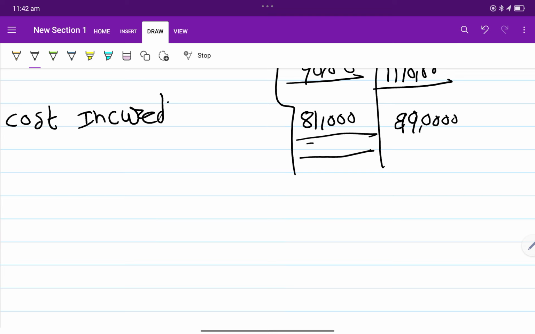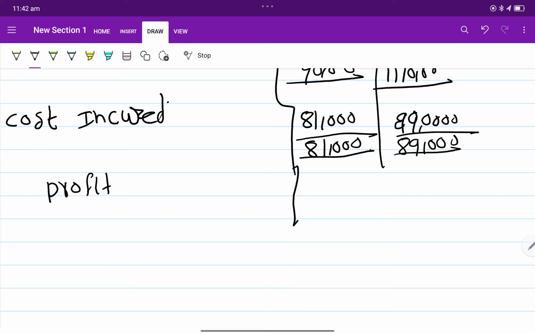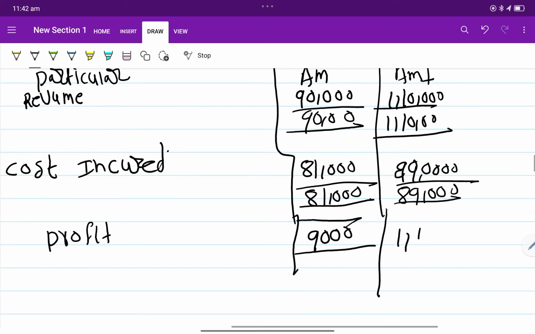So what is the profit? 90,000 minus 81,000 rupees. How much? 9,000 is the profit for the first year. Second year is 1,10,000 minus 89,000.